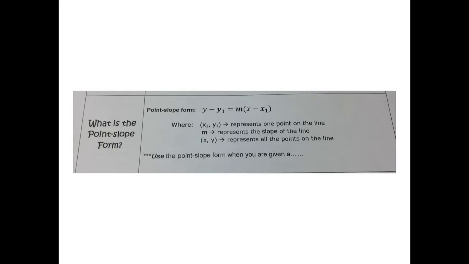Alright, when we do point slope form, the formula is read y minus y sub 1. This is called y sub 1 because it has a 1 underneath, and that's called sub, equals m times x minus x sub 1.